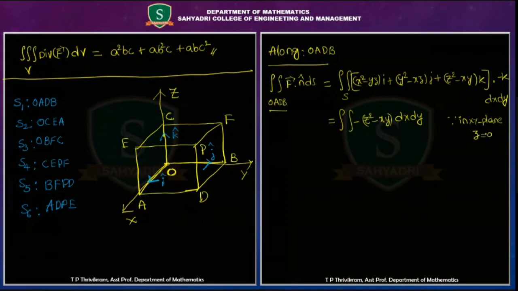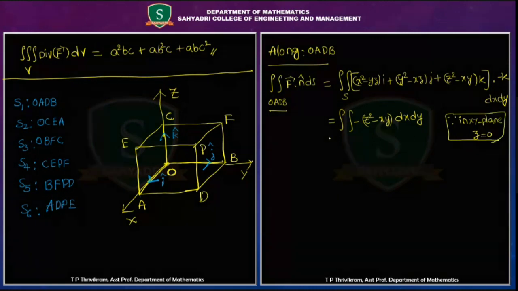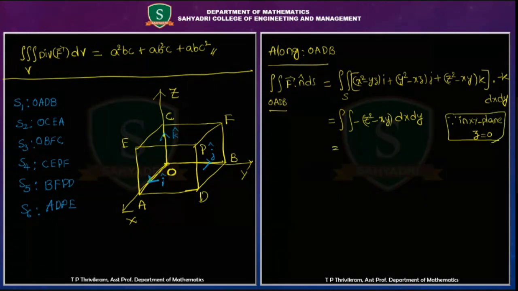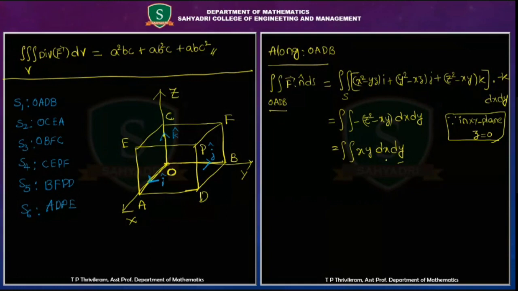Z value will be 0. So we have to keep it. So minus of minus will get plus. Okay. xy dx dy.